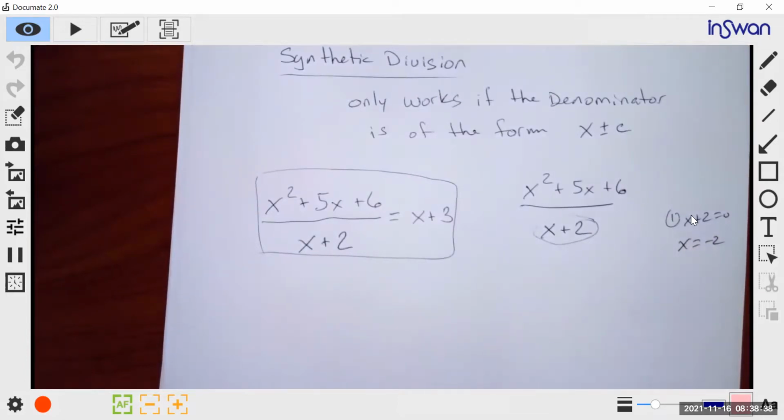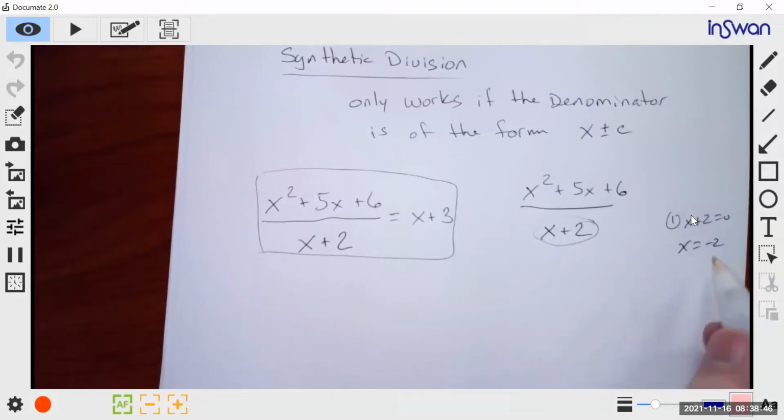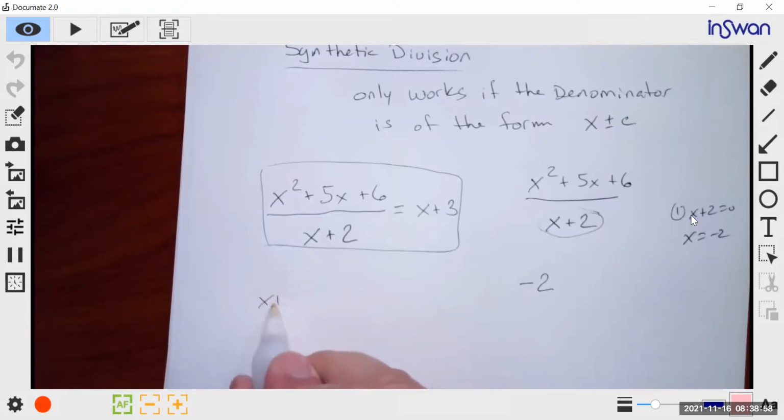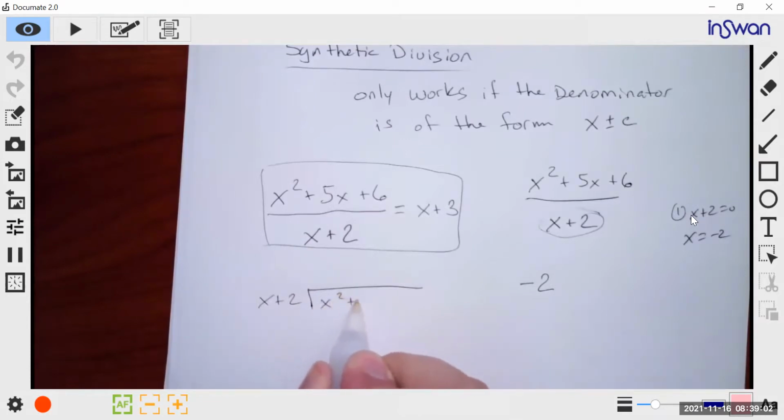Because in synthetic division, we only use numbers. There are no letters. So -2 goes outside of our dividing thing. Remember, in this way here, our equation looked like this, right?